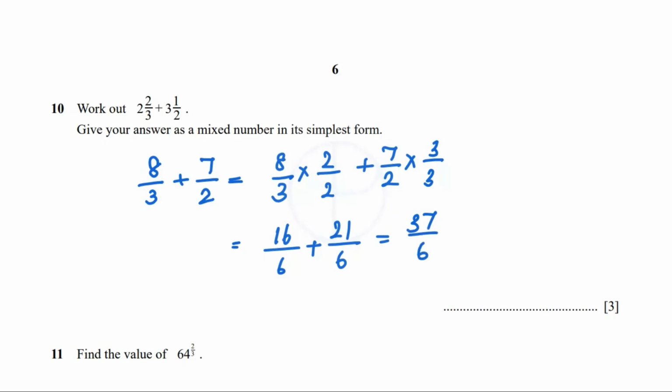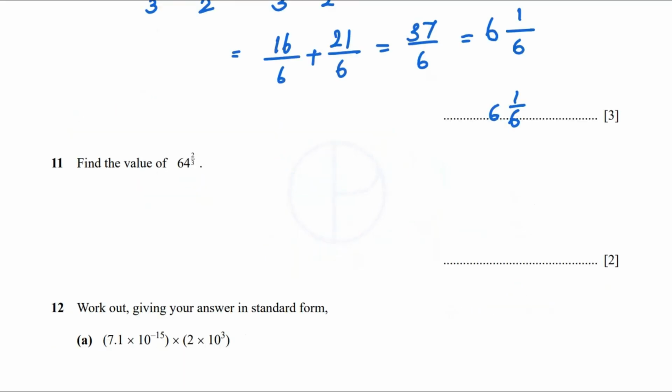Give your answer as a mixed number. So 37 over 6 can be written as 6 times 6, then the remainder is 1, so 6 and 1 over 6.